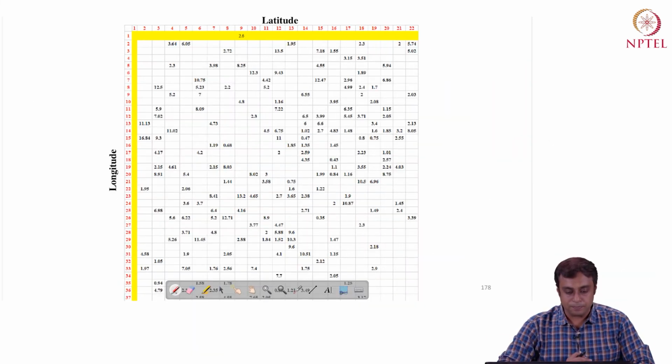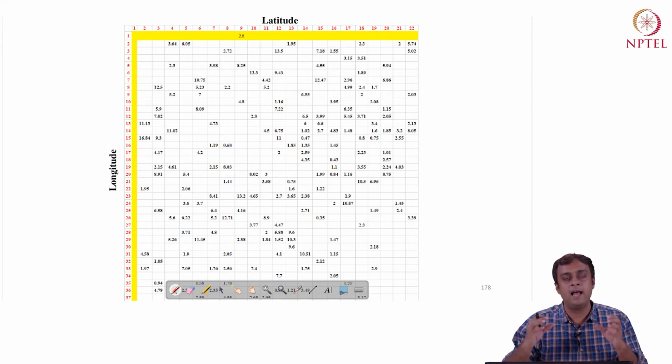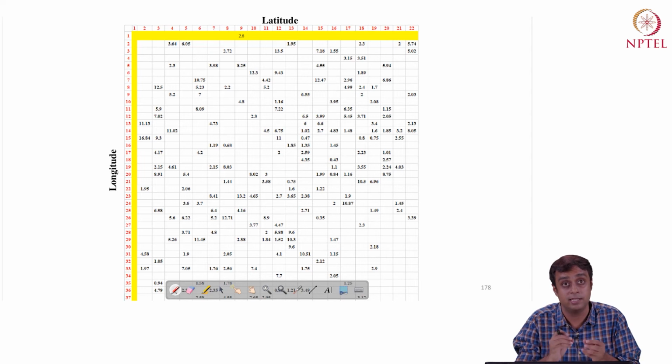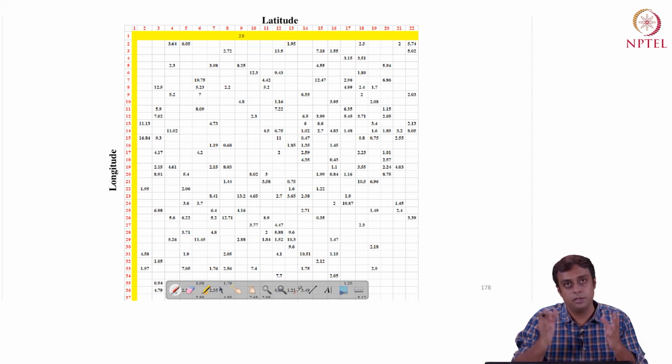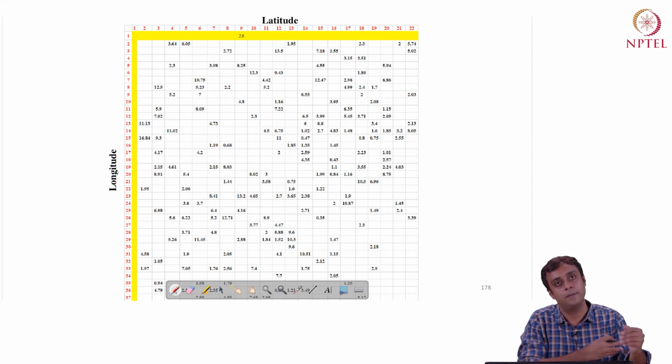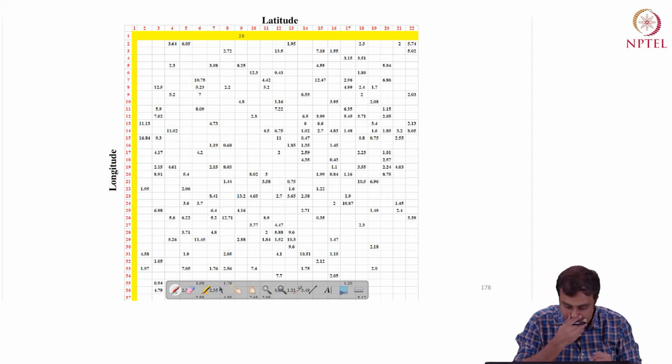So let's apply Cressy's machinery here. Each cell has now the declustered mean. So if you had 2 observations in a cell, you have the declustered mean value inserted in this cell. This looks very similar to the XY, column-row representation of the Cressy's data that we looked at.